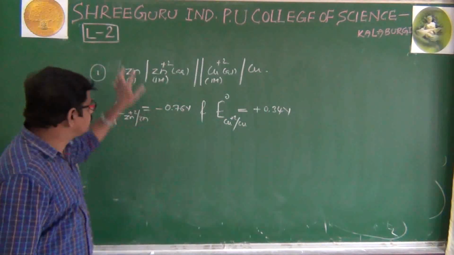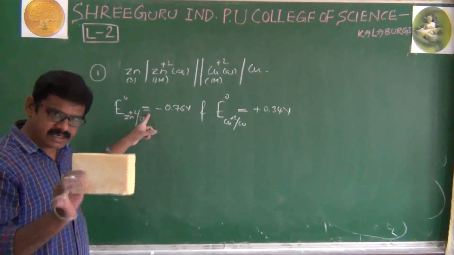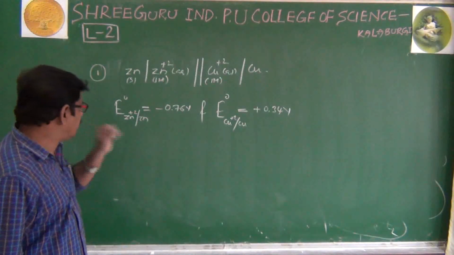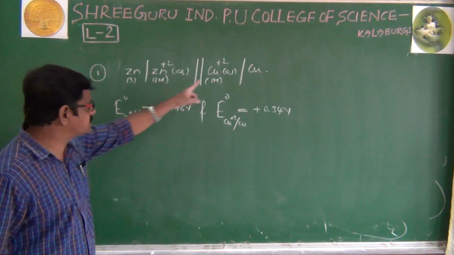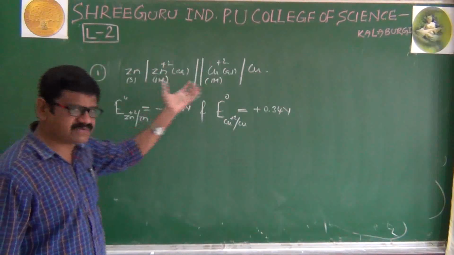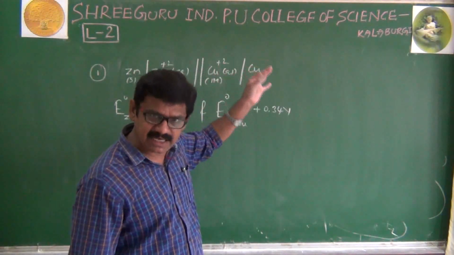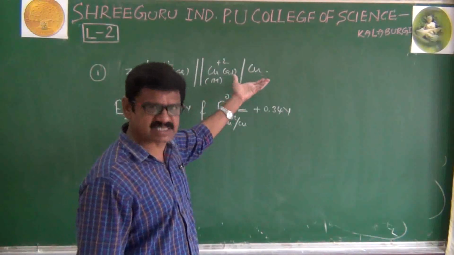Once again, even though zinc is undergoing oxidation, we are using a reduction potential only. And here 1 molar concentration as well as 1 molar concentration we have maintained. Temperature has not been specifically mentioned, indicating that it is room temperature only, 298 kelvins. No need to mention specially.